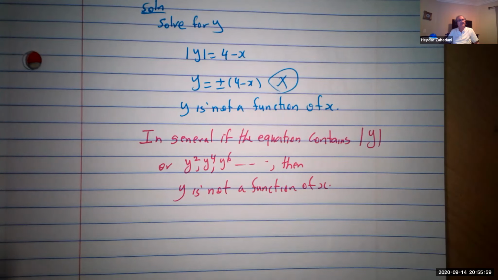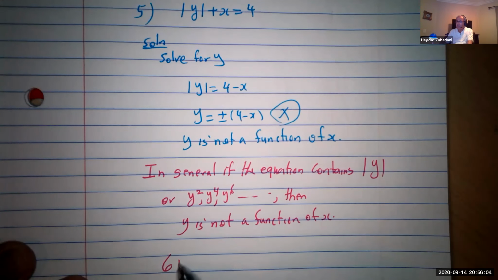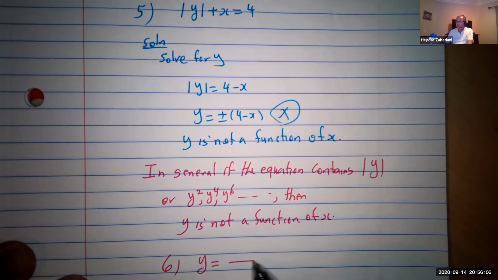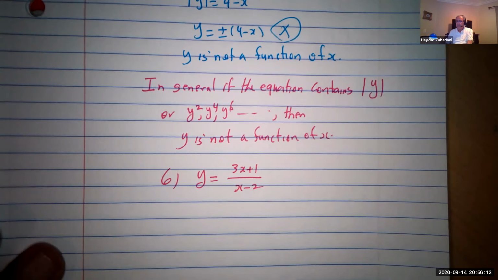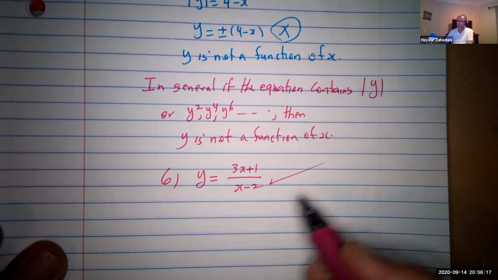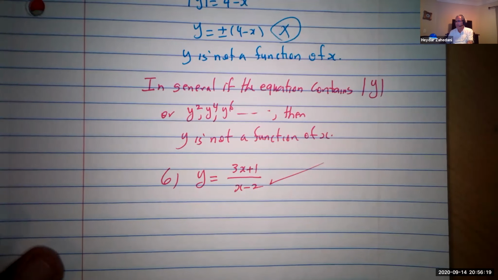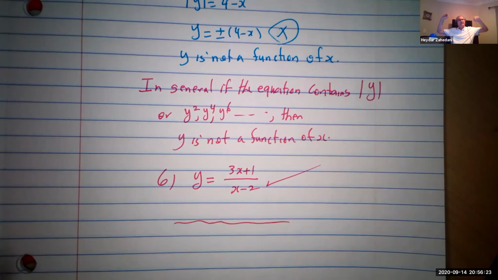Okay, any question? So as soon as I give you the next one, you know that y equal to this from your book, 3x plus 1 over x minus 2. Doesn't matter. I give you x, you give me y. The formula is already there, so it's a function. So you have a list in your assignment.